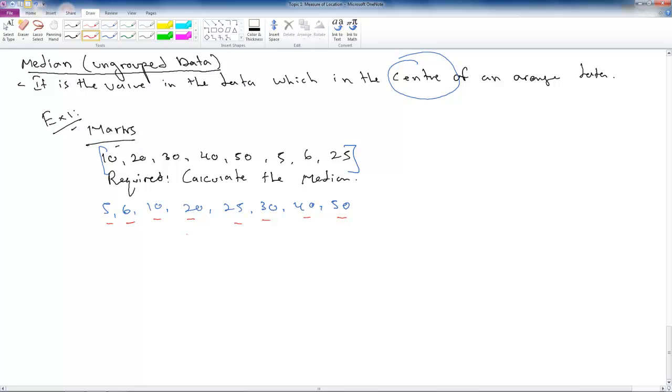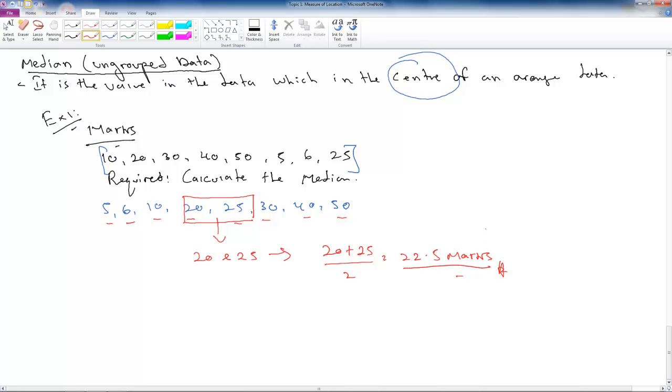So the center values are these two, 20 and 25. But we must have only one value, we cannot have two values. So what do you do? 20 plus 25 divided by 2, and you will get 22.5 marks.